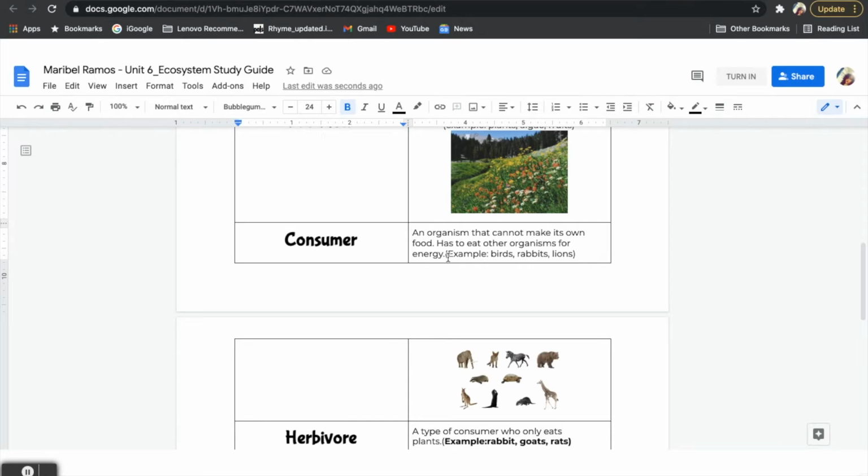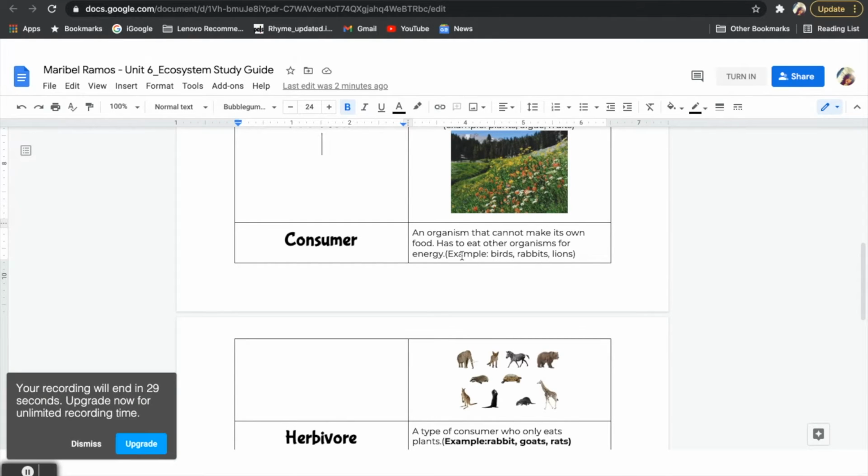Some consumers like to eat certain plants. Other consumers like to eat animals, or some consumers like to eat both. Some examples of consumers are birds, rabbits, lions, grasshoppers. All these different animals are consumers because they have to eat other organisms.